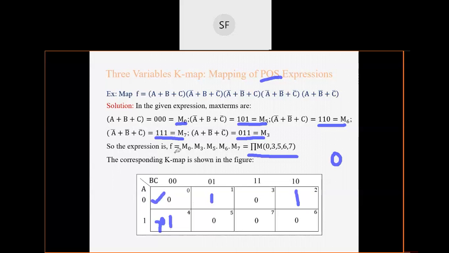Okay, is it understood up to this particular point? You should know the differences about POS and SOP, and it will eventually get clear to you, don't worry about it.